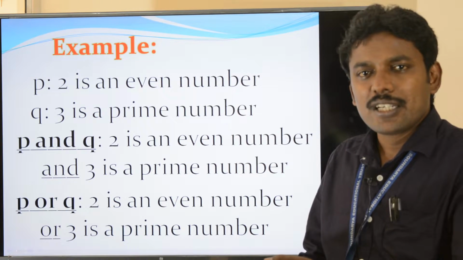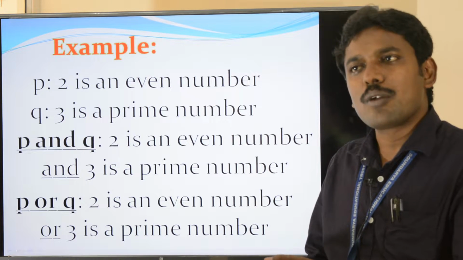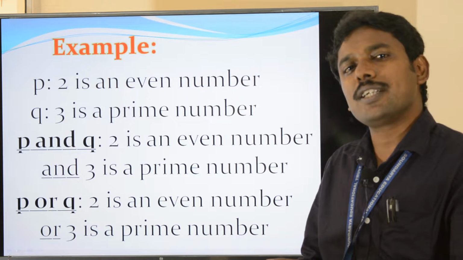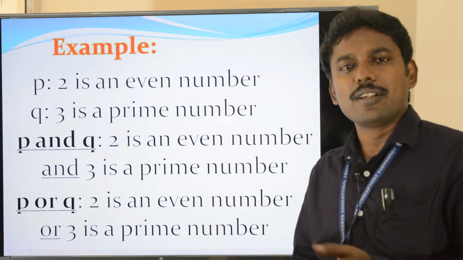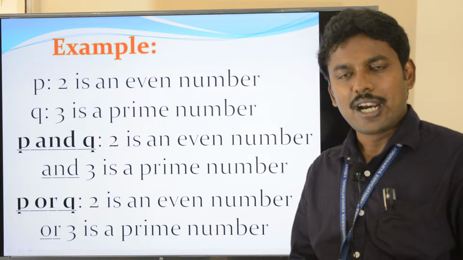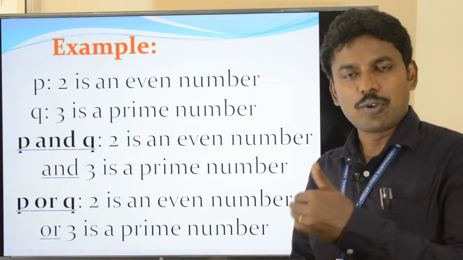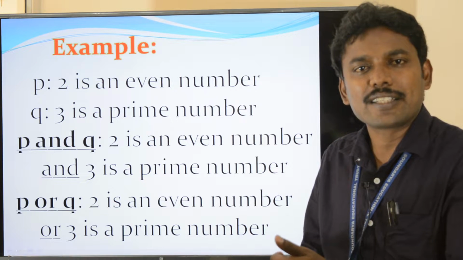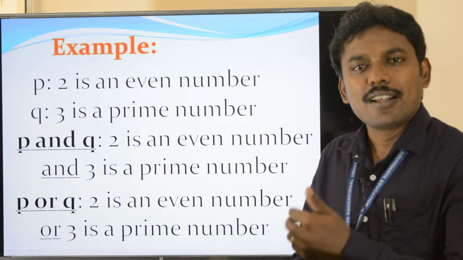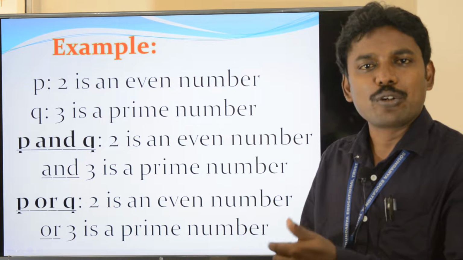So like this, you can connect two or more simple propositions by using many logical connectors. For example, "I study well" is a proposition. "I shall score good marks" is one more proposition, and these two propositions can be connected like this: if I study well, then I shall score very good marks.